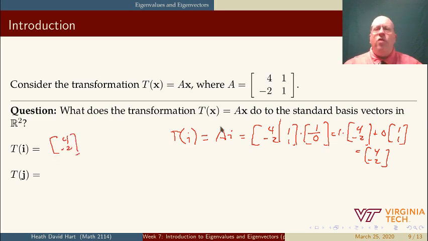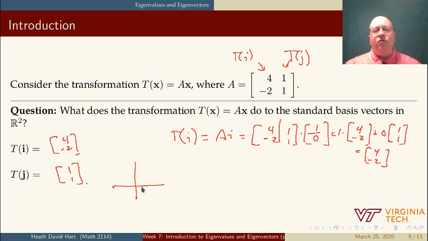And you should have known that because the standard matrix tells us what happens to i, and the second column tells us what happens to j. So we didn't actually have to do these calculations. We could have just said the first column tells us what happens to i, and the second column tells us what happens to j.